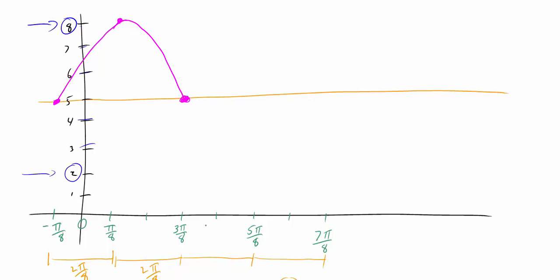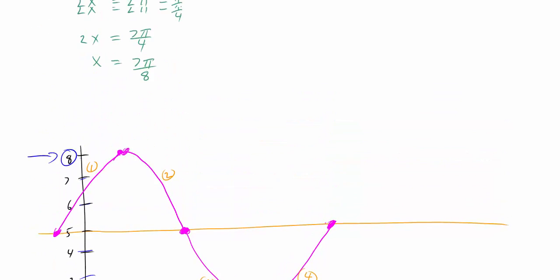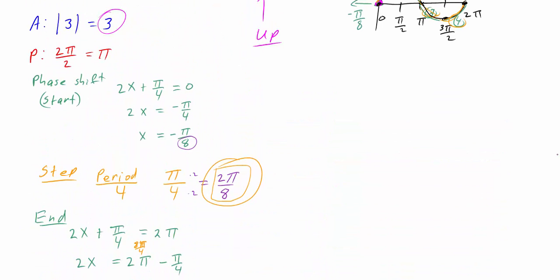And then our next step goes over to 5 pi over 8. And that's going to take us down to our valley. And then our last step here, 7 pi over 8, is going to take us right back up to the axis. So we can see here that this is our first step, second, third, and fourth. And again, that will give you the 5 key points of the graph. And we now have one complete period. And if you notice, we said before the actual period was pi.